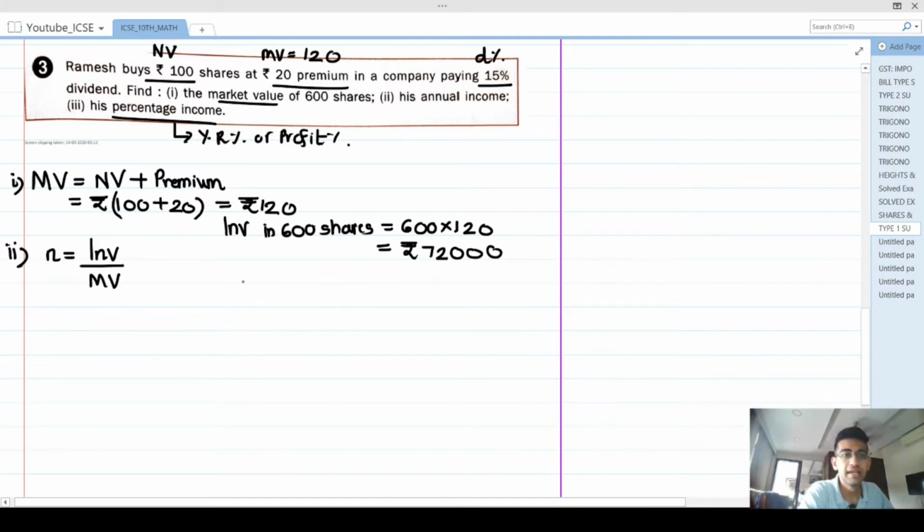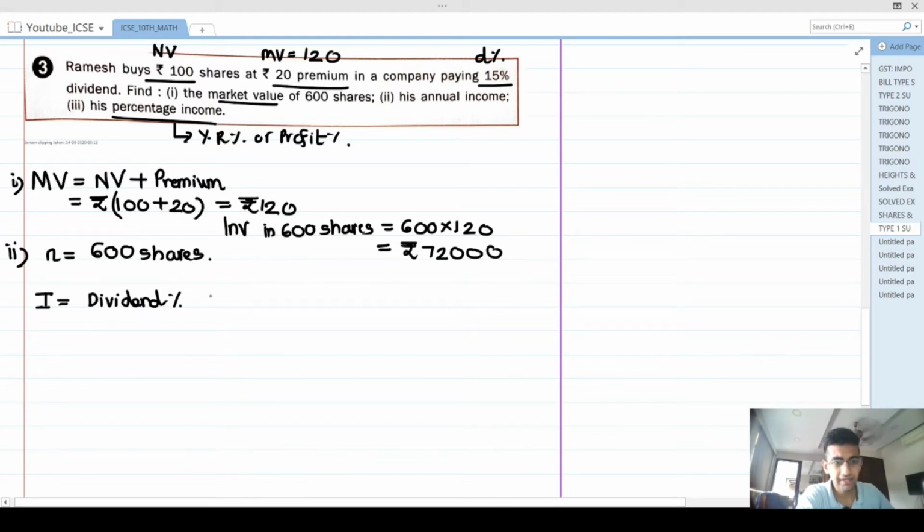All right. Now, number of shares they've given us as 600 shares. Okay, so income is equal to nothing but dividend percent.